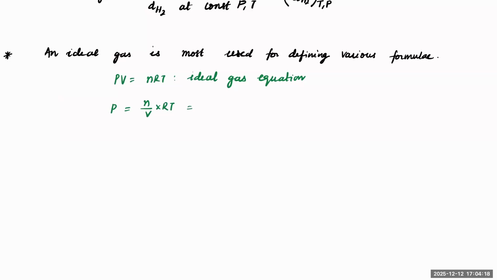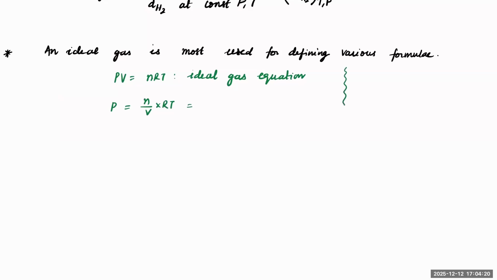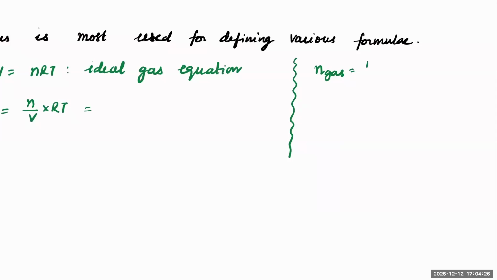And you know that by definition, what can I write about number of moles? Number of moles of a gas can be written as mass of gas divided by molecular weight of gas, or gram molecular weight of the gas.